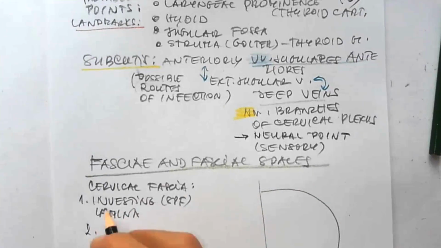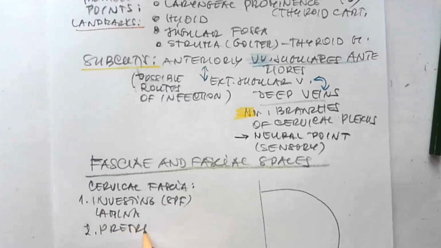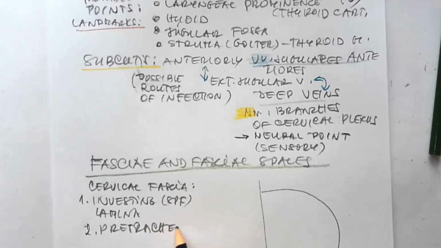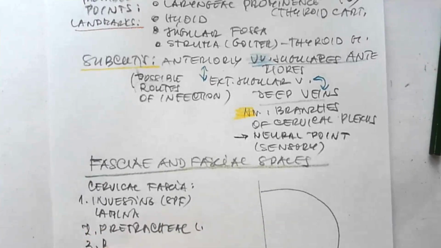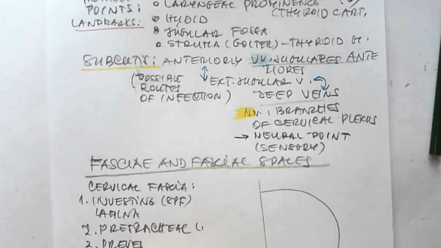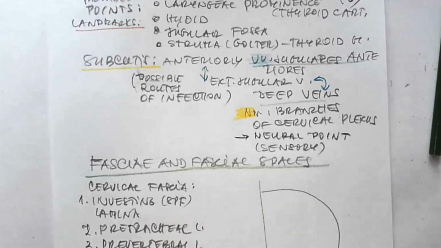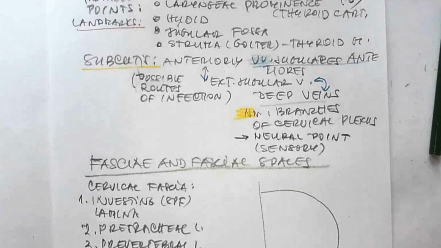Then number 2 is the pretracheal lamina, and number 3 is prevertebral. So there are 3 laminae, and we will see them. These 3 laminae form the boundaries of the spaces.